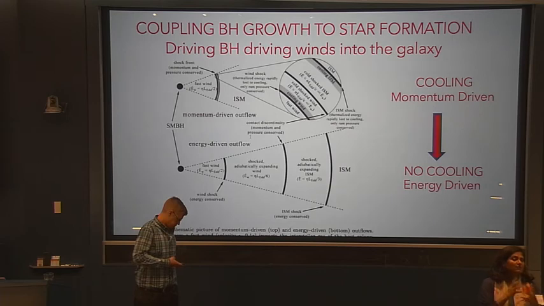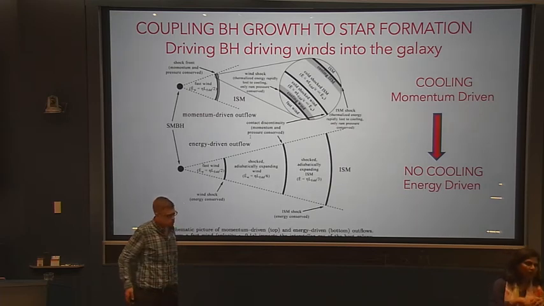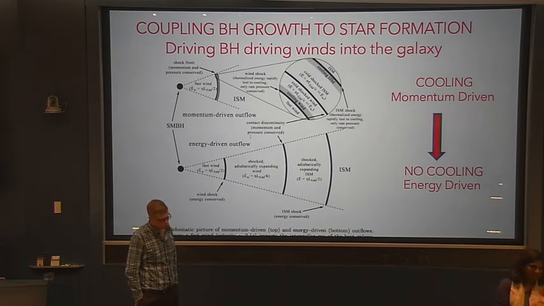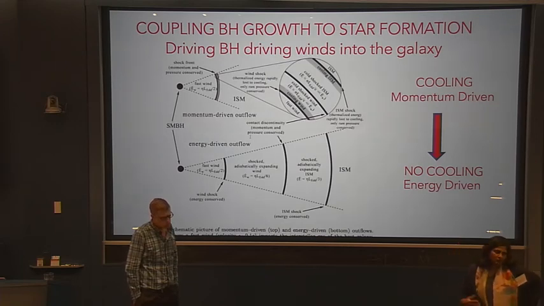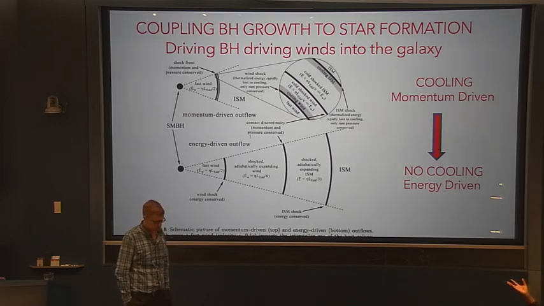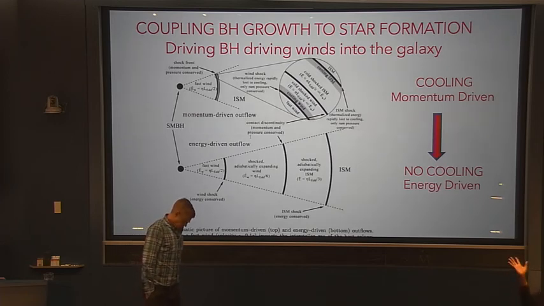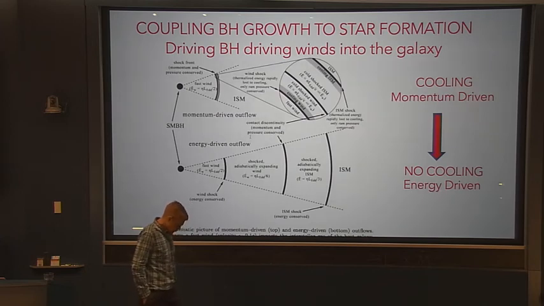So remember, in what I showed you, I started out by saying that you can have any number of arguments that give you an M sigma type relation. So I did not list the central limit theorem argument there, but I gave you two, one which was just the unbinding of the disk argument, and the other one was the star formation luminosity, Elliott's argument, right? So one gives you sigma to the fourth, the other gives you sigma to the fifth. And yes, that is another way to account for that relation, because these outflow models are not giving you an explanation for that.